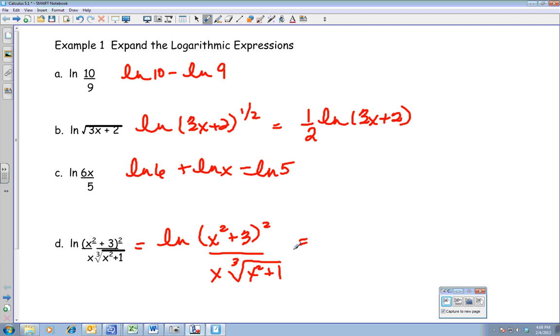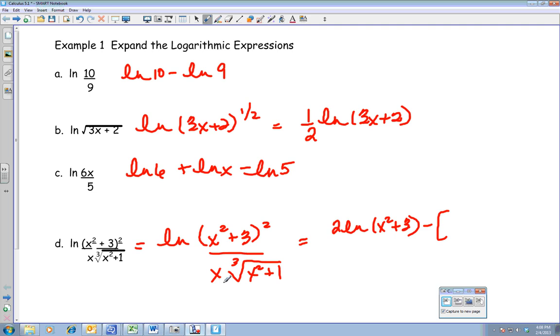Okay, so first of all, I'm going to do the top. I can bring down my 2, so I have 2 natural log of x squared plus 3, minus, and I'm going to put parentheses because it's more than one thing.